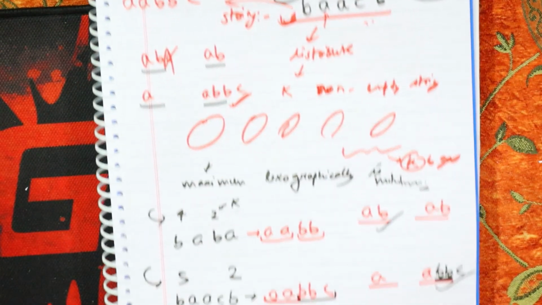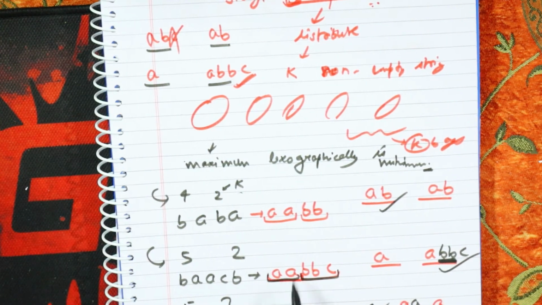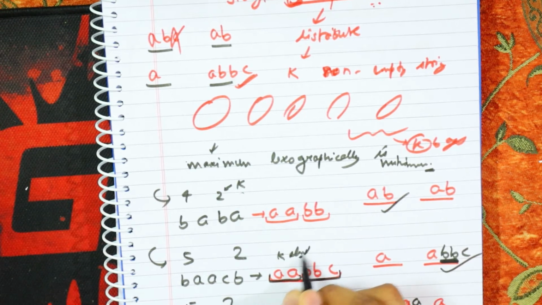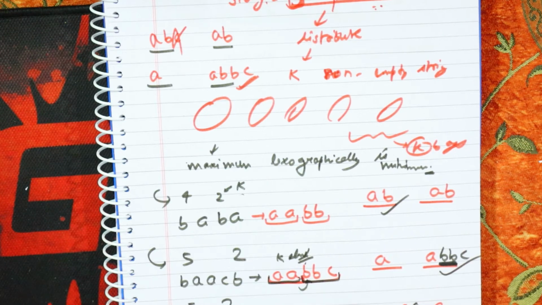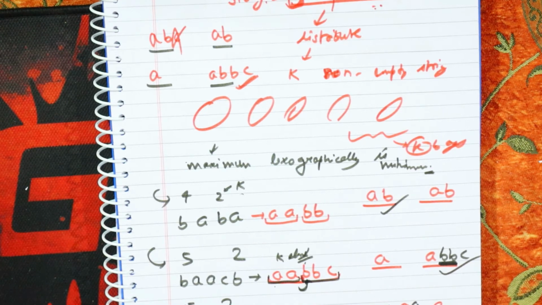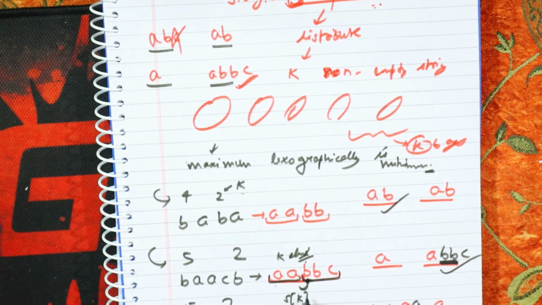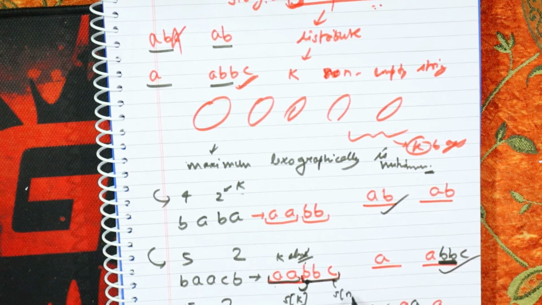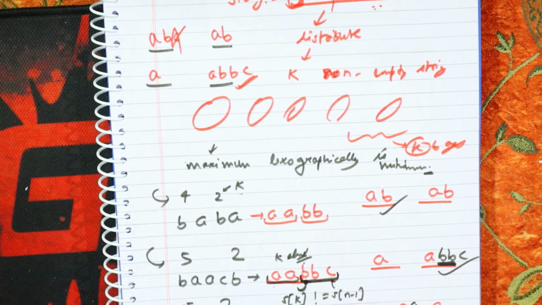Another case is that if my starting k elements are the same, but the particular element after k elements, which is S of k, and S of n minus 1 are not the same, it means that it has more than one different element.